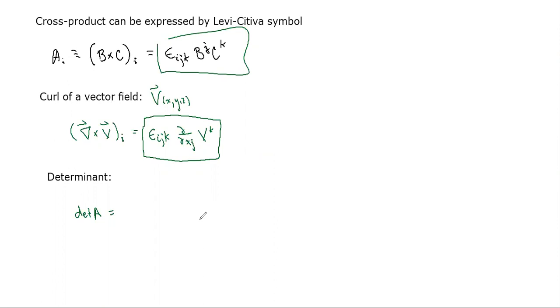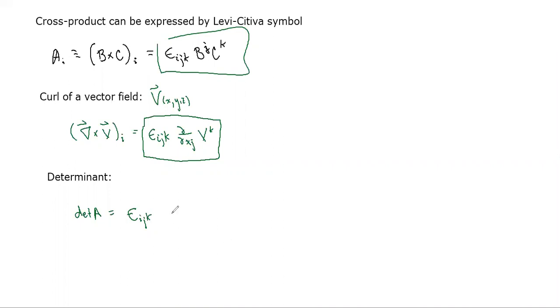Also rank 2 tensor, vector, scalar. So that's got to be a scalar.